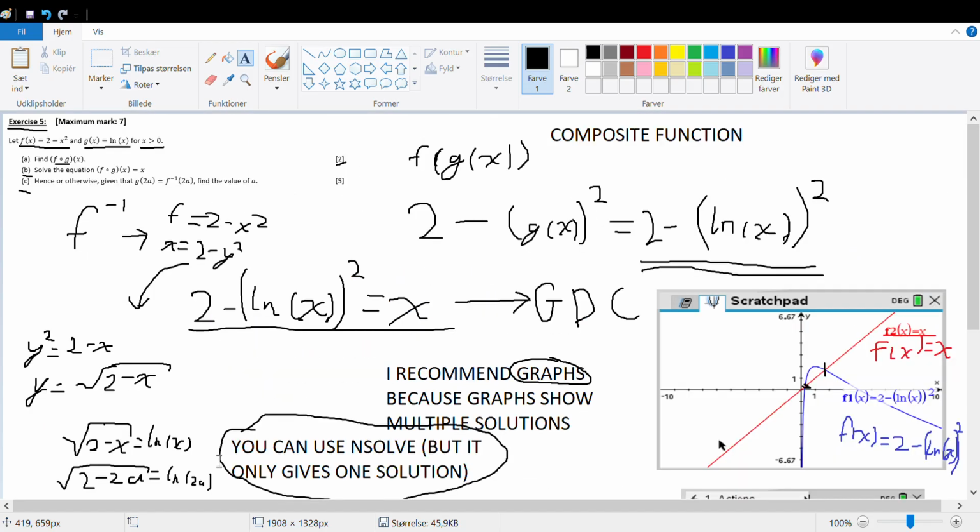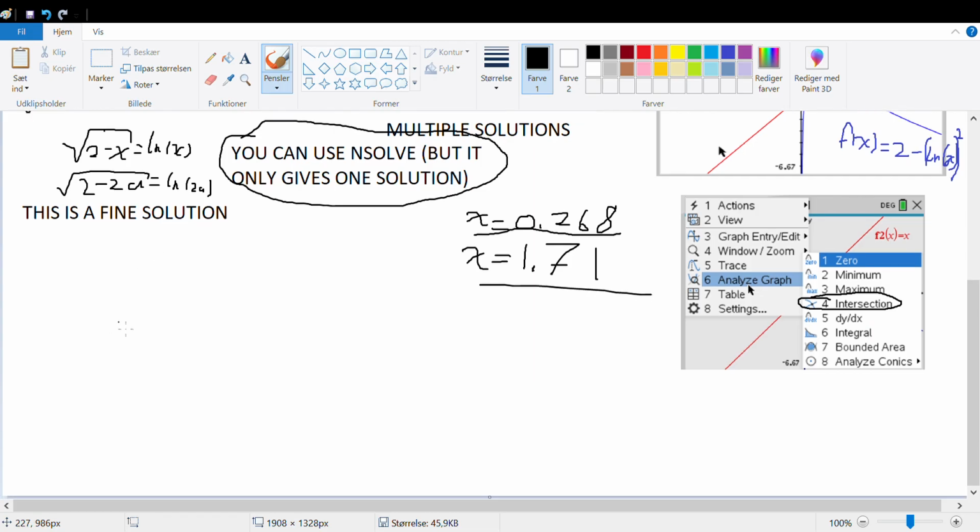However, there is a more subtle way to solve this problem, which I think is interesting and worth pointing out. So pay attention to this. We've got here g of 2a equals f to the minus 1 of 2a.